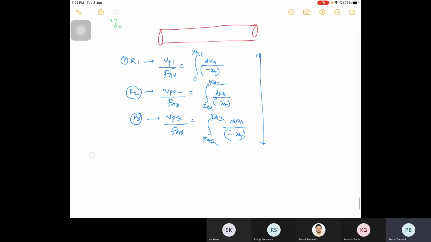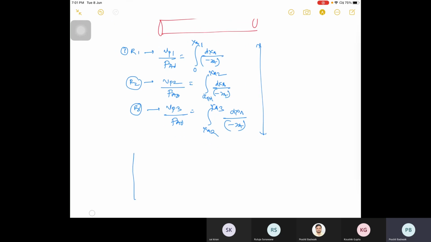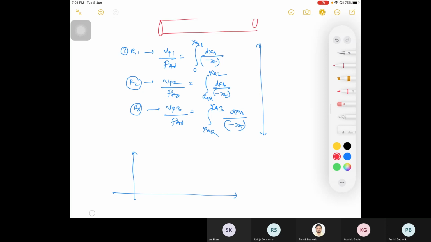Now please draw the graph here. What will be your graph? It is the Levenspiel plot. From the first equation, what are you getting? Integration from Xa equal to 0 to Xa1, and you are following the curve, right?